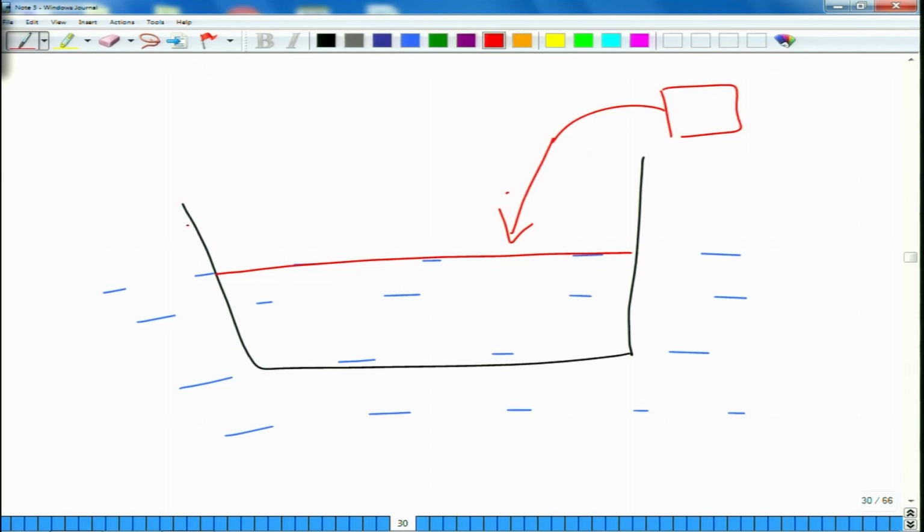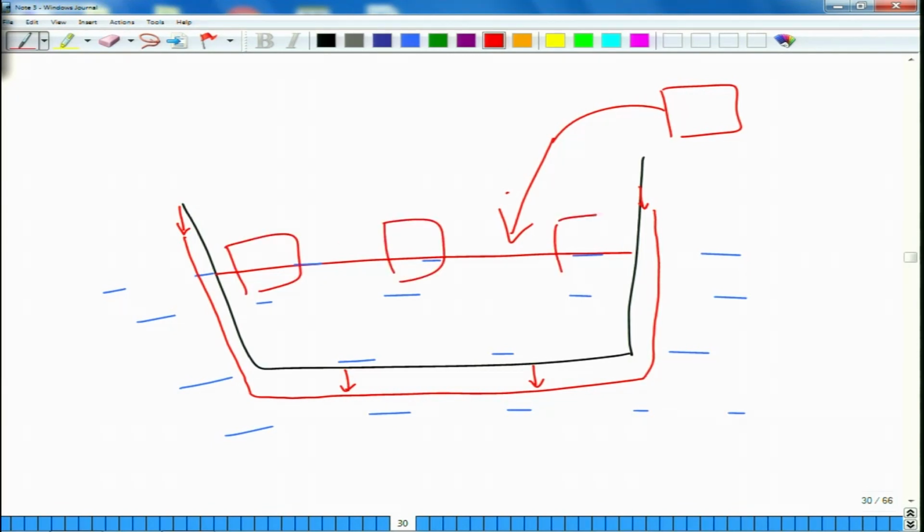So, this portion would go down maybe about this much, and then we would have a situation like this. So, this ship has now moved down because we have excess cargo put inside the ship. So, it has increased the weight of the ship.